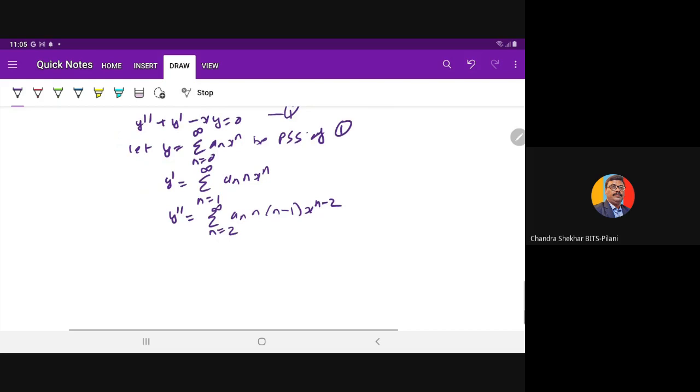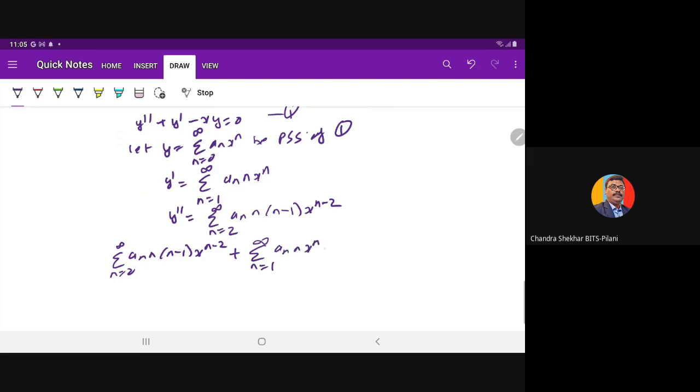So as you put the values of y dash and y in the given equation, you will get summation n is equal to 2 to infinity a n n into n minus 1 x to power n minus 2 plus summation n is equal to 1 to infinity a n n x to power n minus 1 minus x summation n is equal to 0 to infinity a n x to power n is equal to 0.